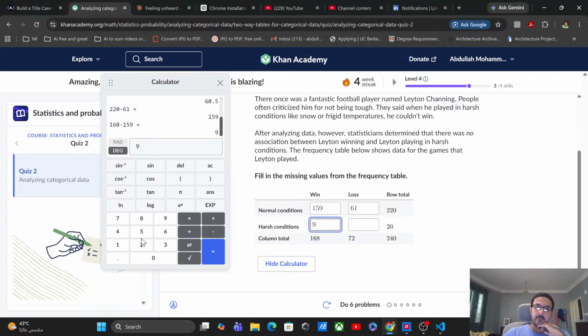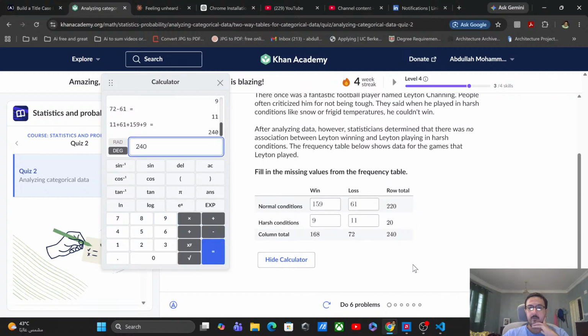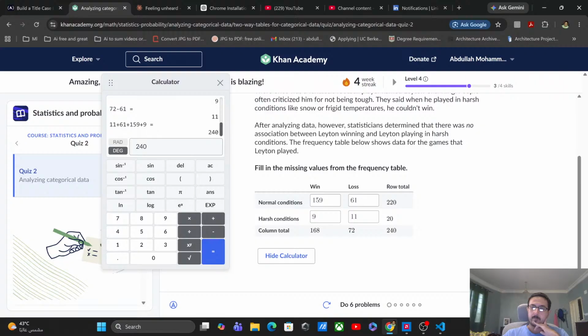And then we have 72 minus 61 is 11. If we add them together, 61 plus 159 plus 9 will give us 240. Check.